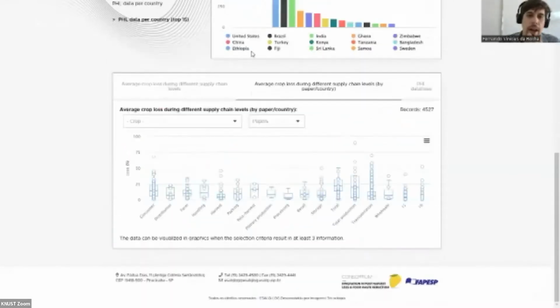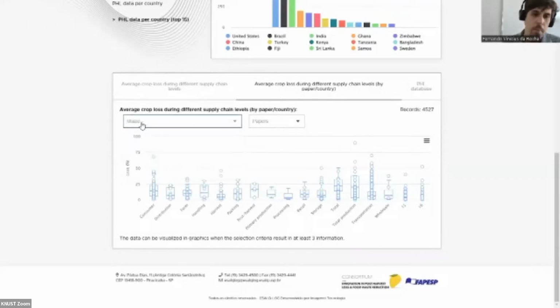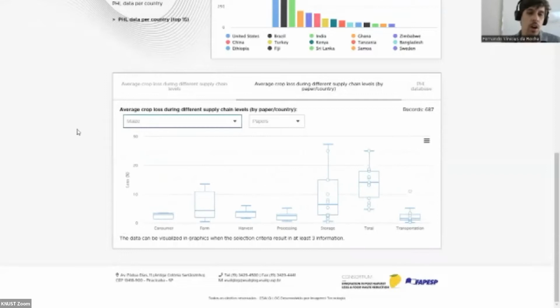We can also access another kind of analysis. You can see how spread the data are. You can select, for example, a specific crop here, maize, and see how the scientific works measure the loss of maize during consumer, farming, harvest, processing, and transportation, and you can see how the data are different or similar for different supply chain levels.